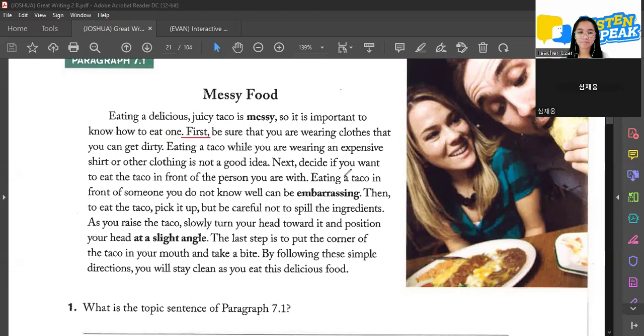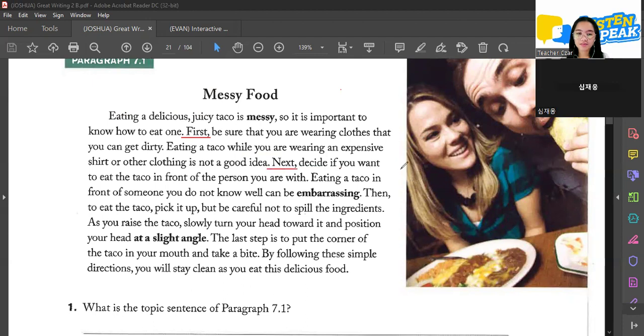First, be sure that you are wearing clothes that you can get dirty. Eating a taco while you are wearing an expensive shirt or other clothing is not a good idea.